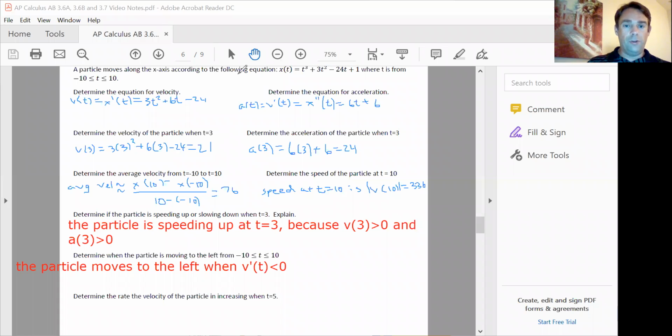So I said what I'm going to do. I'm going to do my work here. So 0 equals 3t squared plus 6t minus 24.